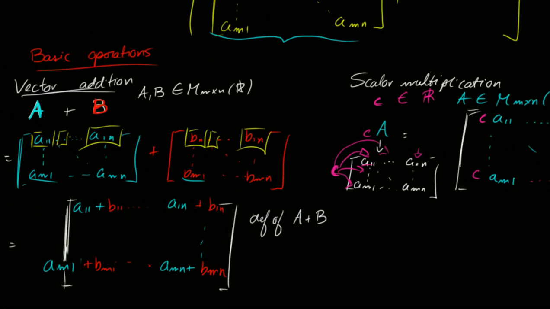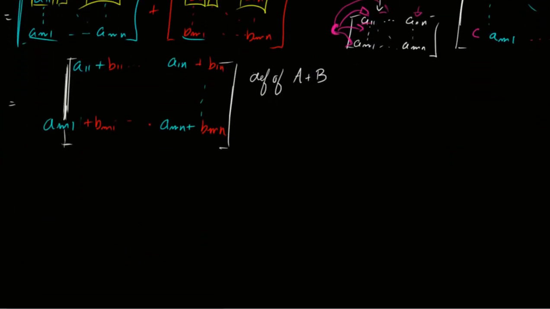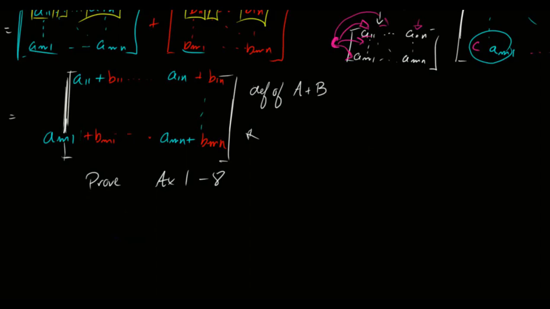And then, of course, to show that this was a vector space, you'd have to prove axioms 1 through 8. So the proof for each axiom is quite similar. Maybe I'll just give you a setup for axiom number 6.